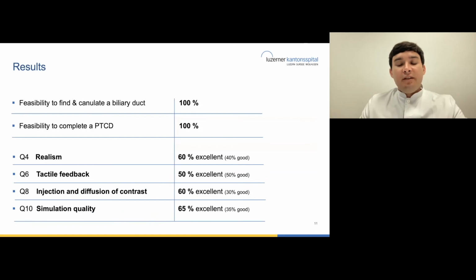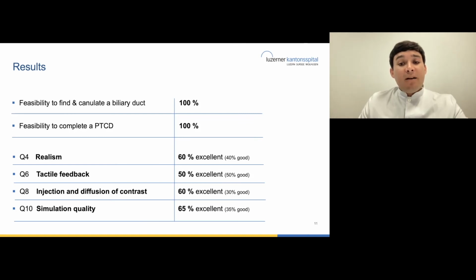So after finishing the simulation, we found out that it was feasible to find and cannulate a biliary duct every time. And it was also feasible to complete the PTCD every time from right and left. The most interesting result that we got from the questionnaire was that the realism of the model was rated as excellent in 60%.